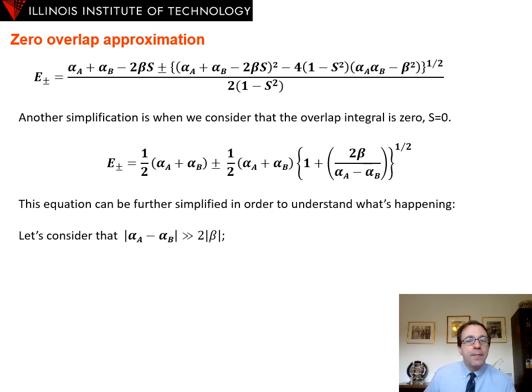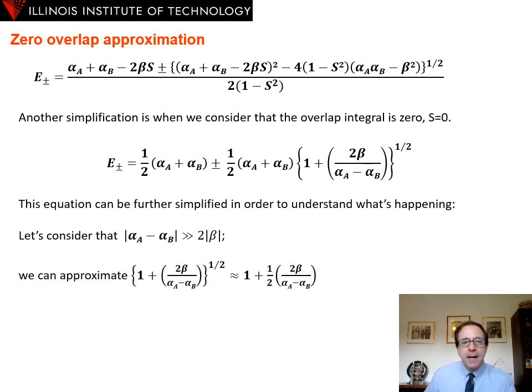In doing that, we're going to use the mathematical principle that when 2 beta divided by alpha A minus alpha B is very small, we can approximate the square root as 1 plus 1/2 of that quantity. So we don't have to take the square root.